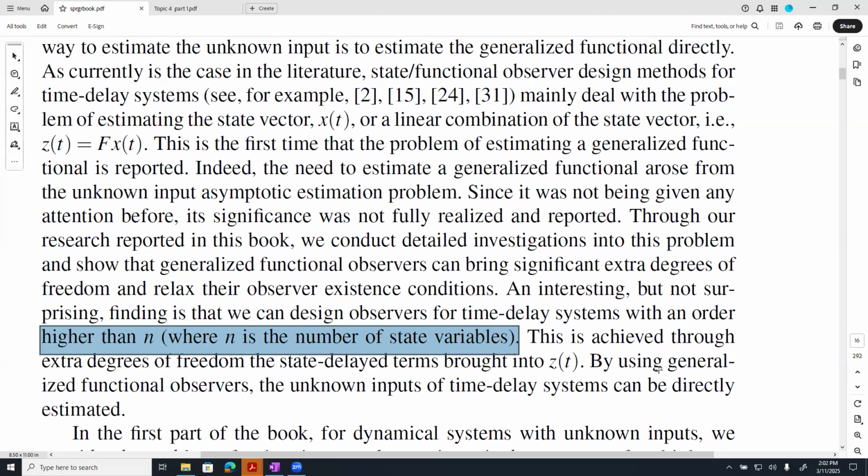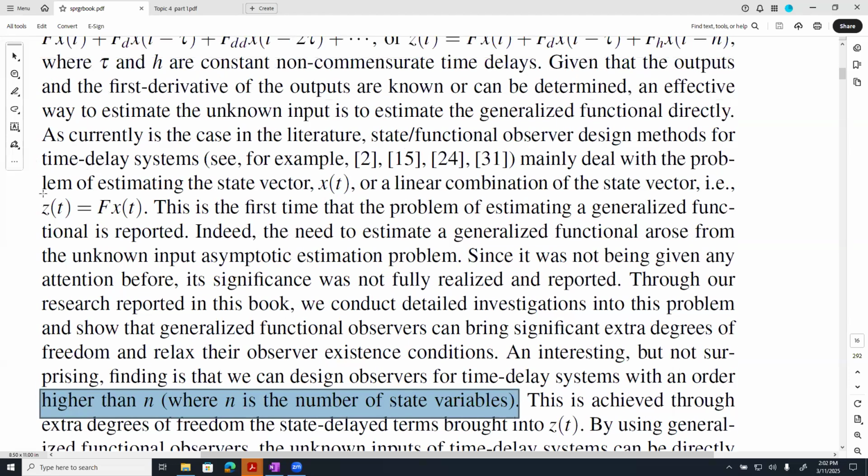We will show that if we just do the normal functional observer where we estimate just a linear combination of the instantaneous stack vector, there might be situations where we cannot do it. Even if we go up to an order equal to n, we're still not able to do it.